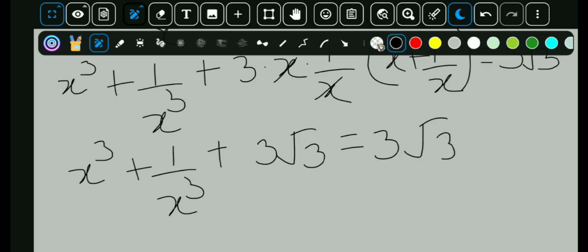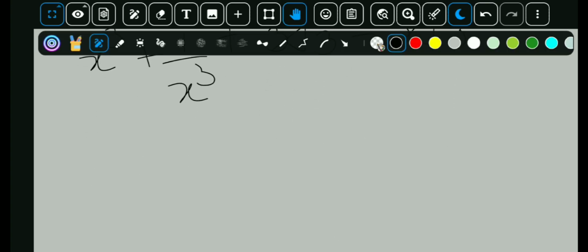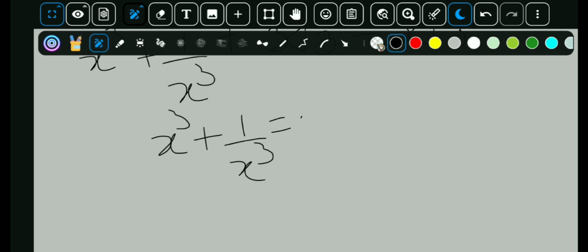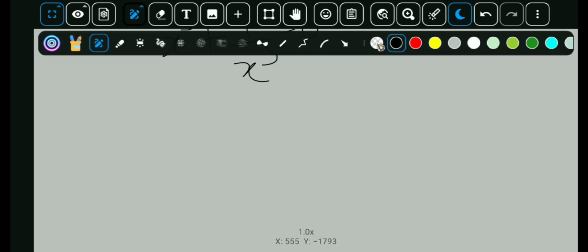Further, as it is visible that we can cancel both the 3 root 3's on either side of the equation, it leads us to x cube plus 1 over x cube is equal to 0. Further you can simplify it a bit, taking the LCM, and we can write x to the power 6 plus 1 equal to 0. We can mark this as equation 1.